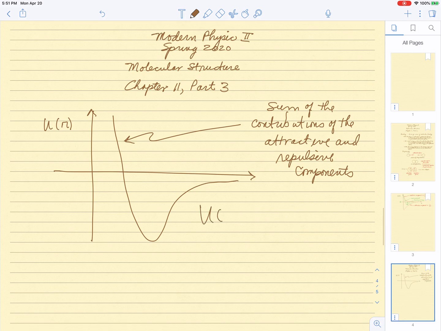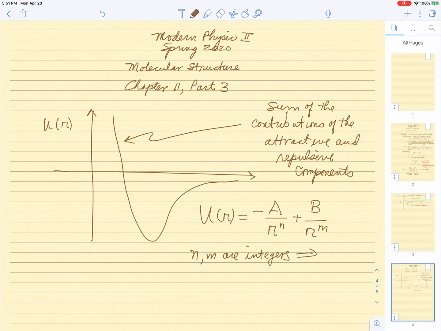And so U of R looks something like negative A over R to the N plus B over R to the M, where N and M are integers.